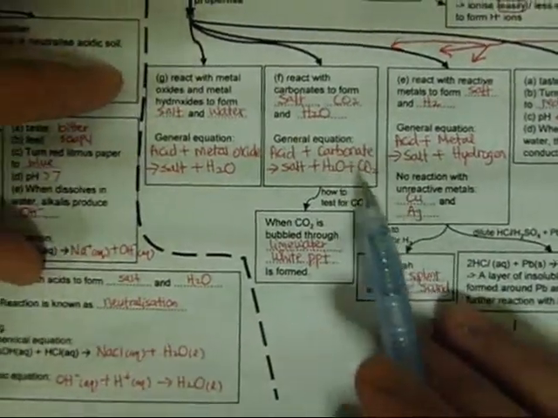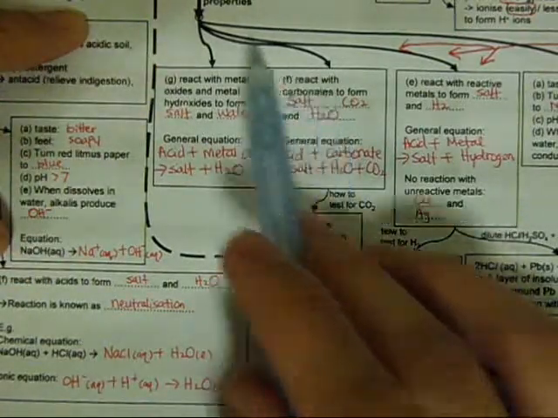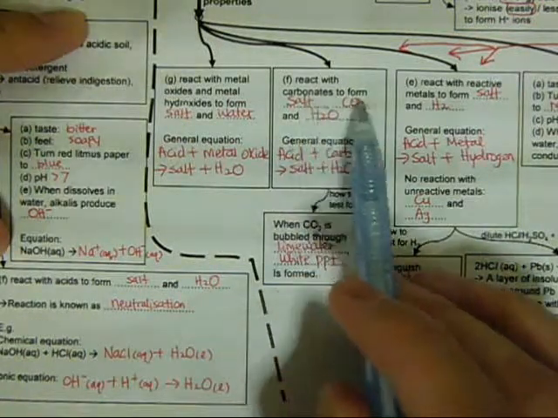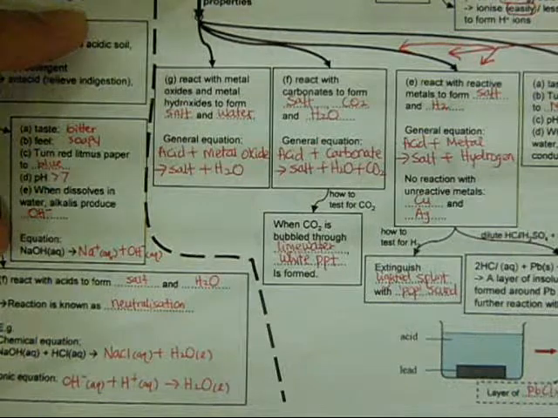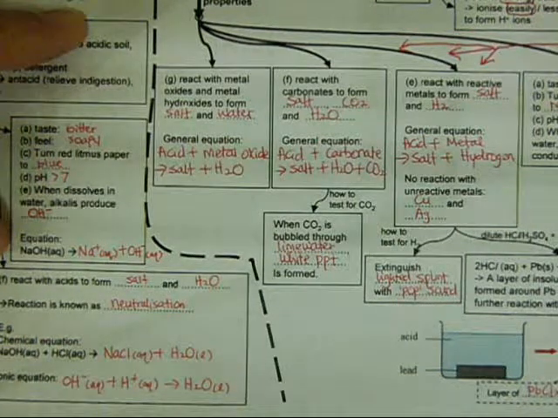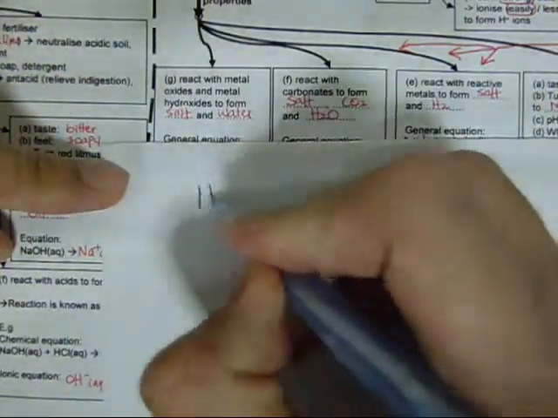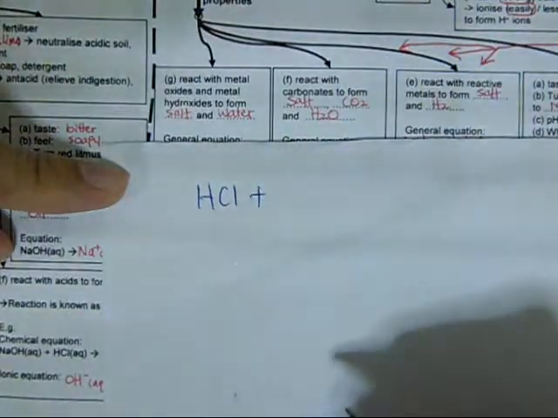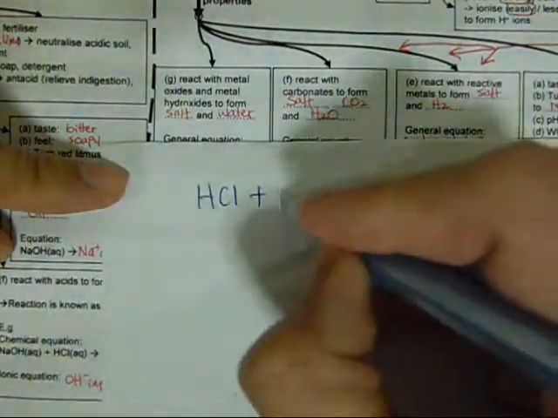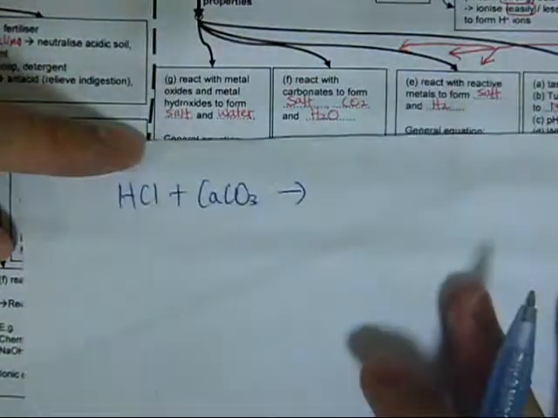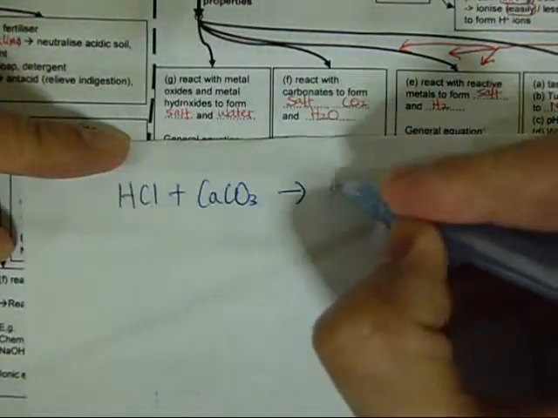The second reaction that involves acid is the reaction of acid with carbonates to form salt, carbon dioxide and water. An example of this: acid HCl with a carbonate, for example calcium carbonate, CaCO3, and then it will form salt.